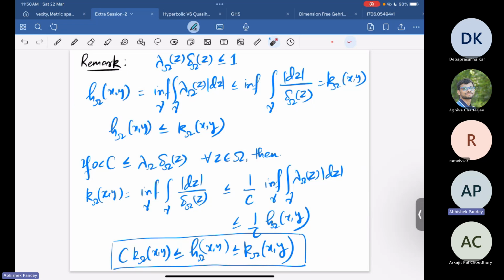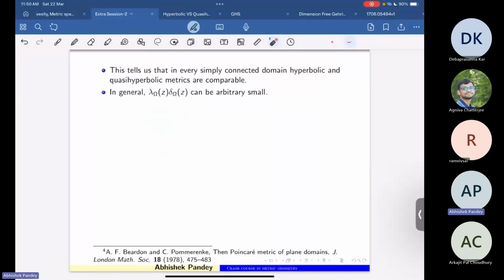So observe that once we have this thing, Gromov hyperbolicity of one metric will give the Gromov hyperbolicity of the other metric. Okay, means they are simultaneously Gromov hyperbolic. So if hyperbolic and quasi-hyperbolic metrics are comparable, they are simultaneously Gromov hyperbolic. But the thing is, in general, this quantity can be arbitrarily small.